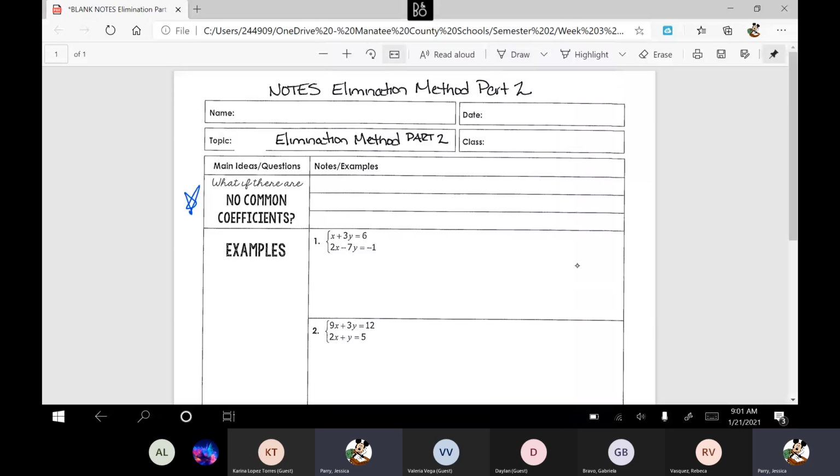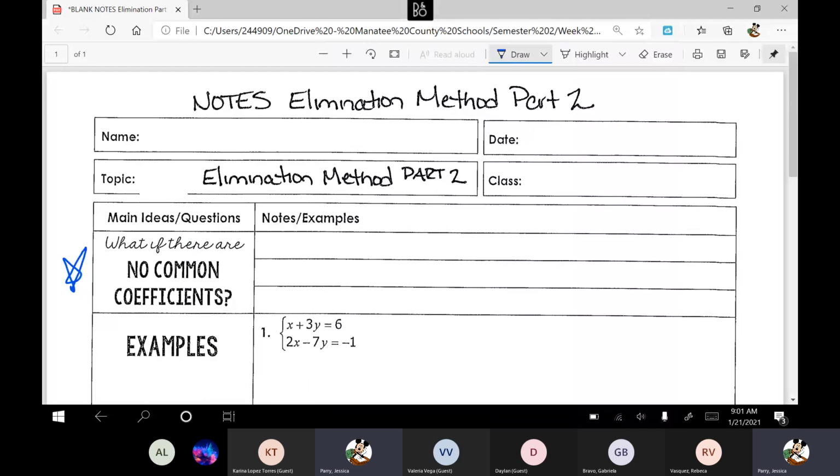So let's go ahead and write that out. I know it's a lot. That's all going to fit in those 3 lines there. Multiply one or both equations by some number to create opposites.